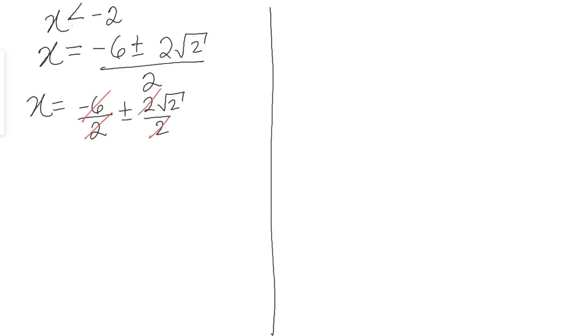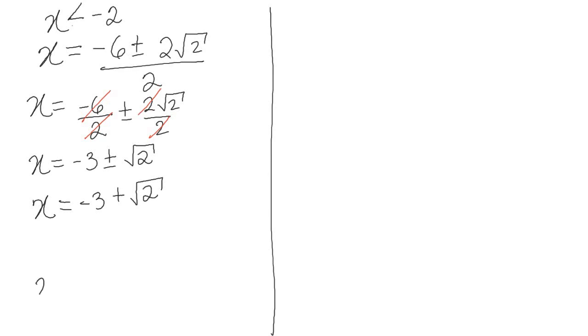What you end up with is x equals -3 plus or minus the square root of 2. So you end up with these two cases, right? Because we have a plus or minus basis. We have x equals -3 plus square root of 2, or x equals -3 minus square root of 2.